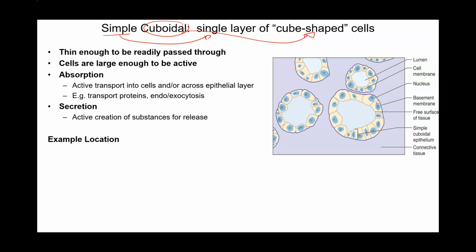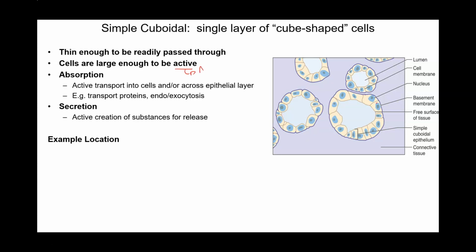Because it's just a single layer, it is thin enough to be easily permeable. In other words, it's easy for something to go from this lumen and pass through the epithelium into the tissue beyond. But because the cells are larger and have more volume, they can be active.